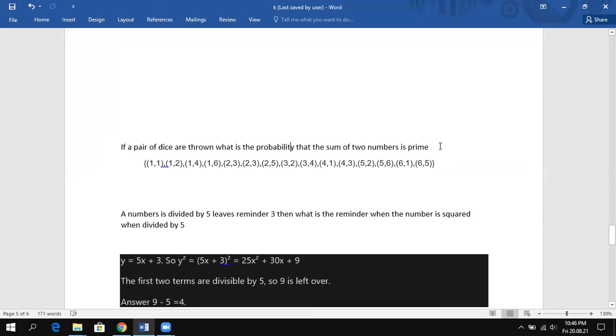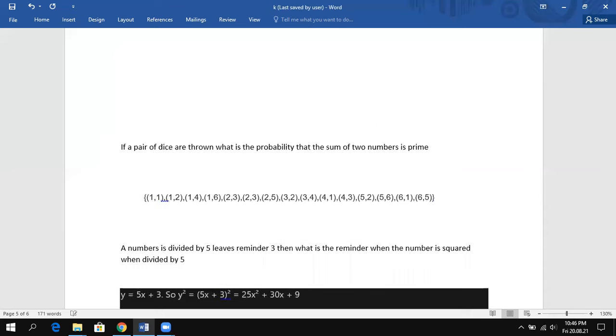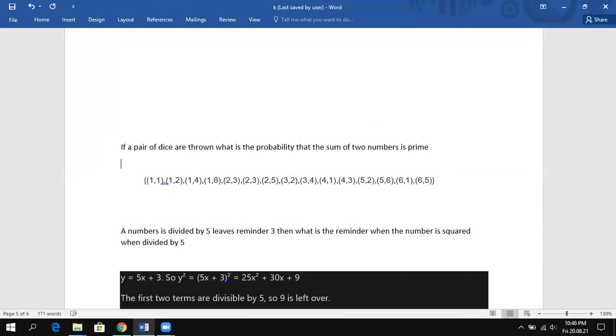If we write all the possible prime numbers, it's a sum of two numbers, so it can be 2, 3, 5, 7, 11. The sums range from 2 to 12.